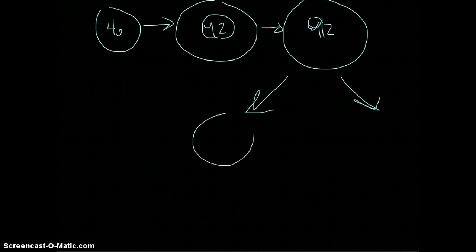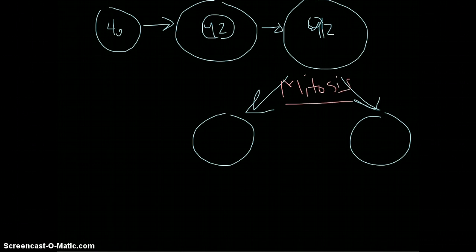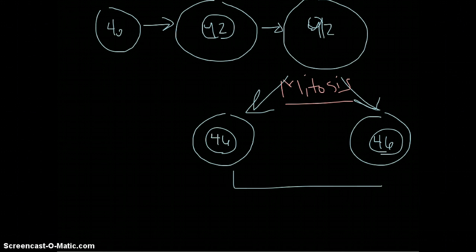We are now going to split it into these cells. The splitting process here is known as mitosis, because we are splitting body cells. What we want to have is 46 chromosomes here and 46 here. The same genetic material. These two are identical, now called daughter cells.